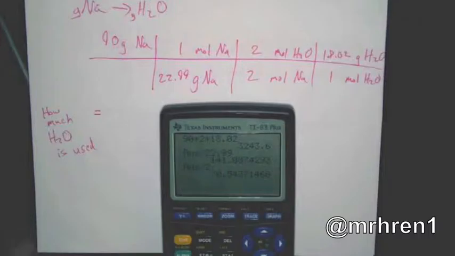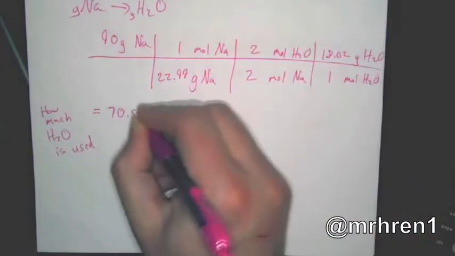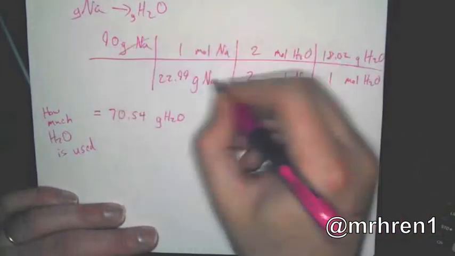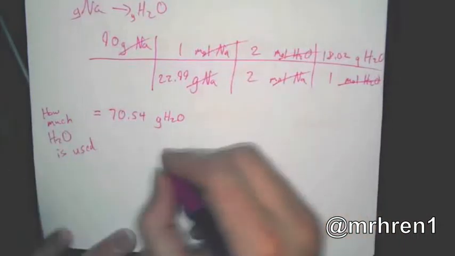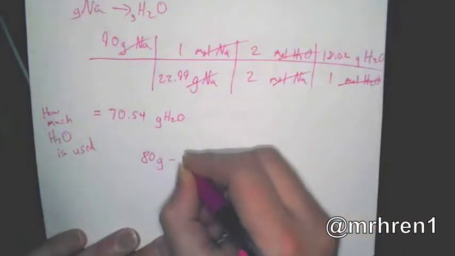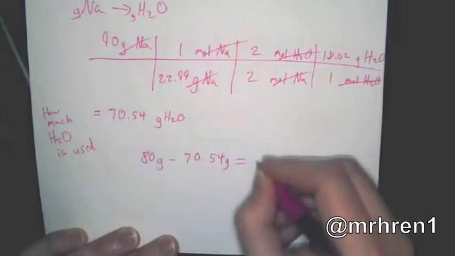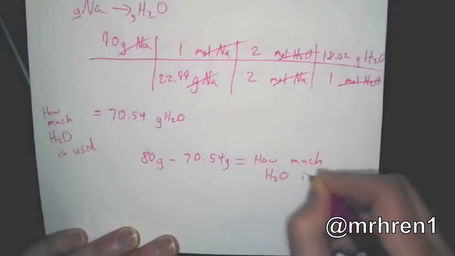So 70.54 grams is used up. So now, to find how much is left, you would do 80 grams minus 70.54 grams, and this will tell you how much H2O is left.